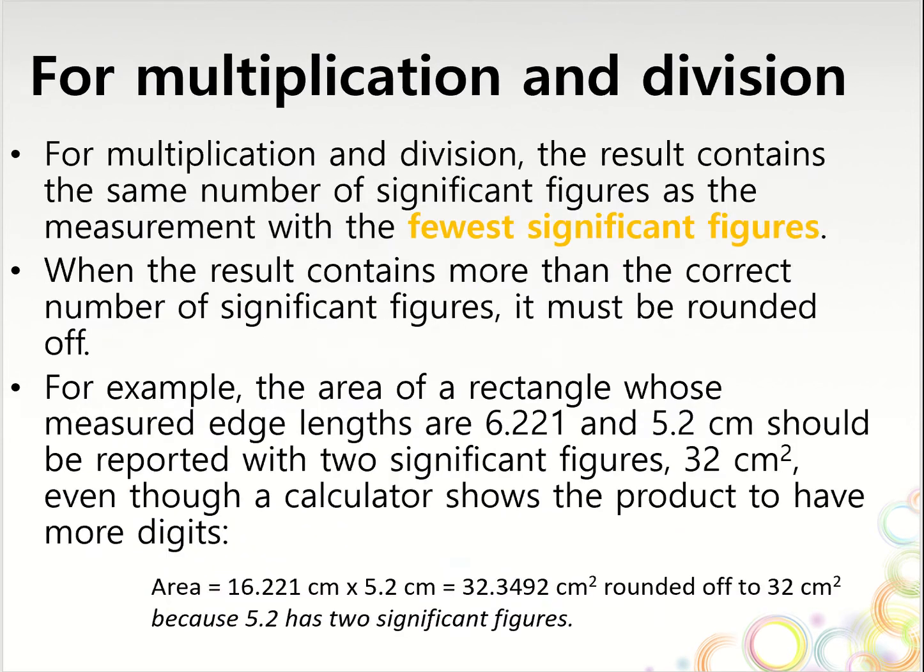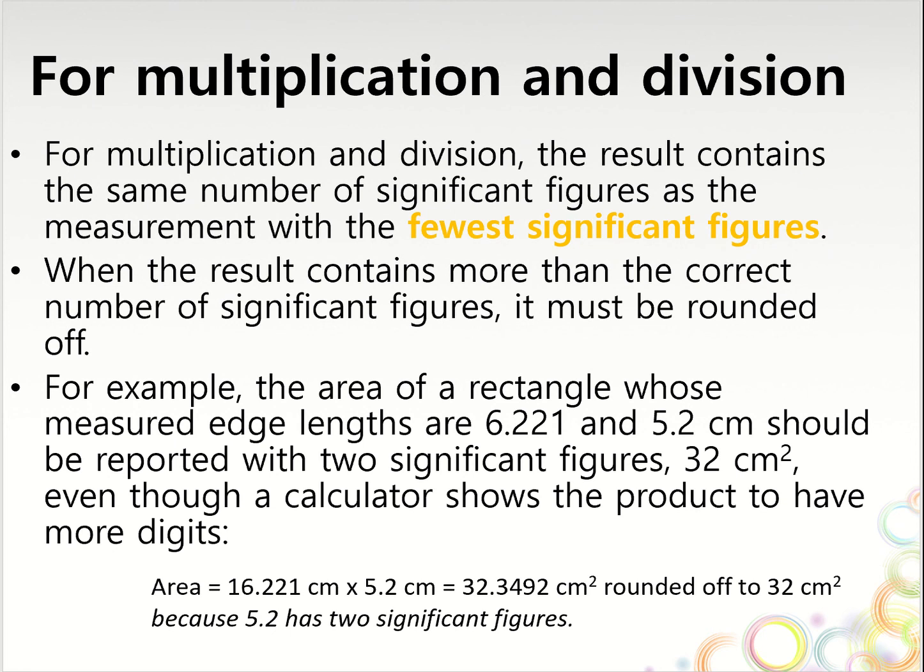So our answer would be reported as 104.8. So what is the difference with multiplication and division? Well, for multiplication and division, the result contains the same number of significant figures as the measurement with the fewest significant figures, right? So when the result contains more than the correct number of significant figures, it must be rounded off, as we saw previously when we were looking at addition and subtraction.